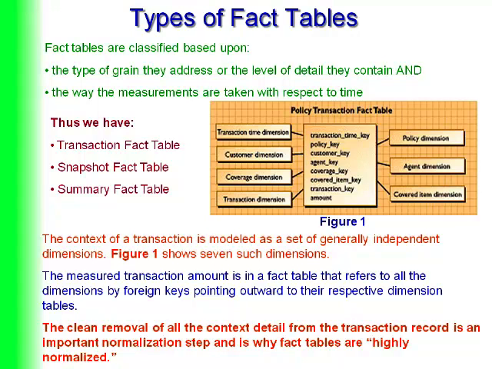The measure transaction amount is in a fact table that refers to all the dimensions by foreign keys pointing outward to their respective dimension tables. So the clean removal of all the context detail from the transaction record is an important normalization step, and that is the reason why fact tables are normalized.